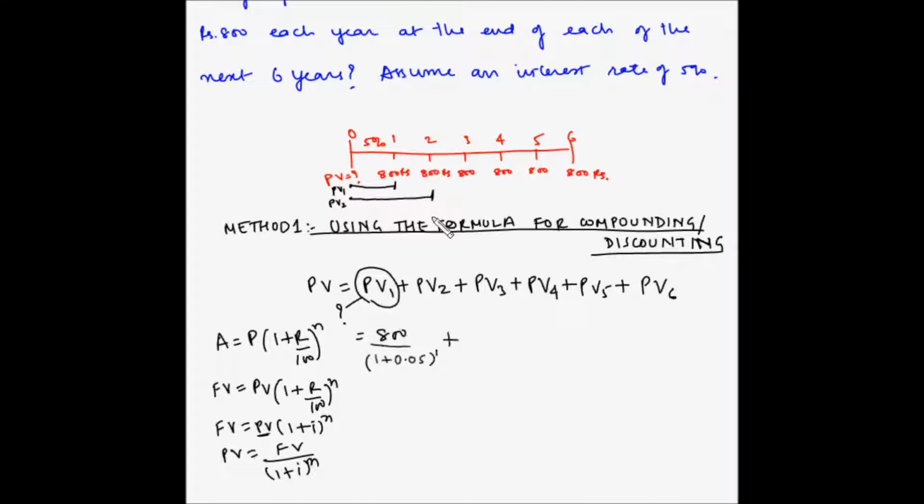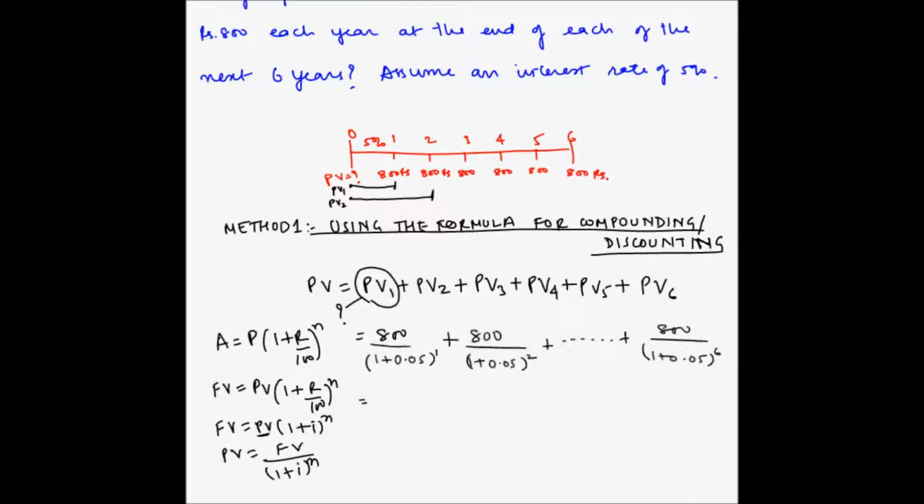Now the future value for PV2 is also 800 rupees, because at the end of 2 years the amount received is 800, divided by 1 plus 0.05 to the power 2, because it is 2 years, and so on, plus for PV6 it will be 800 divided by 1 plus 0.05 to the power 6.